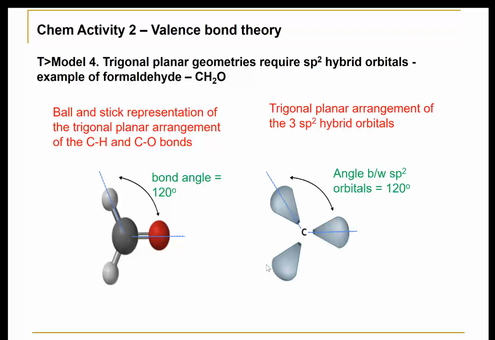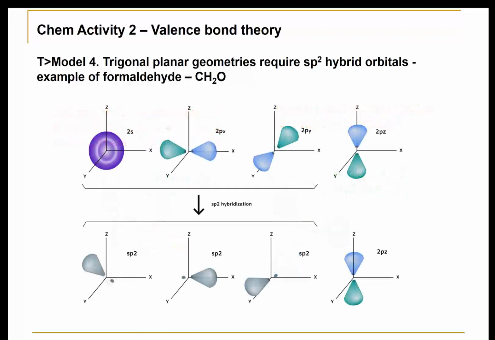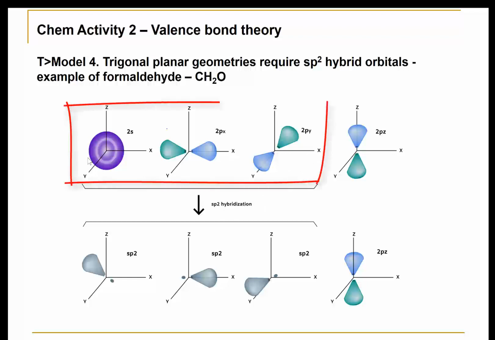But I need to explain to you a little bit what we mean by sp2 hybrid orbitals. So looking further in the notes, we see these boundary surface diagrams. Once again, we're starting in a sense with the excited state carbon with its 2s and 1 electron in each of these 2p orbitals. In the hybridization, however, we'll only use these 3 orbitals.